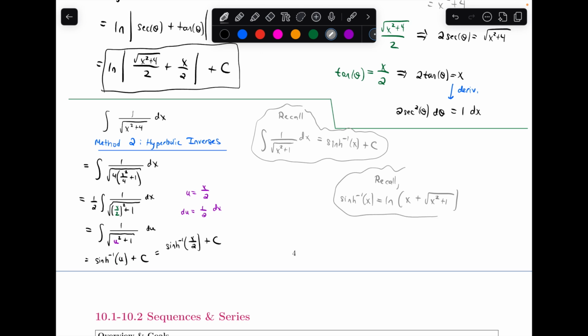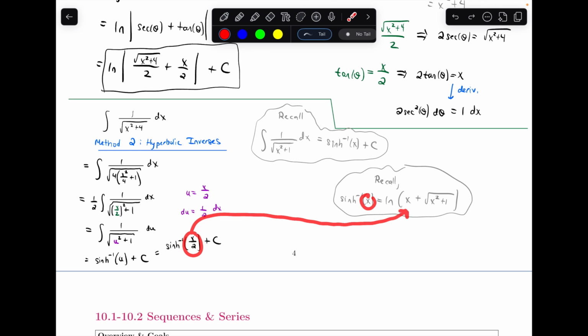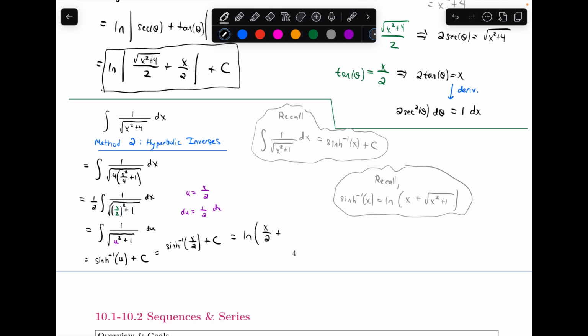I'm going to use this, and essentially, wherever this x is, I'm going to replace it with an x over 2. So I'm going to be plugging that in here for this x and for that x. Doing that, I get ln of x over 2 plugged in, and then plus the square root, and then I'll get x squared over 4 when I square the x over 2, and then plus 1, and then plus c.